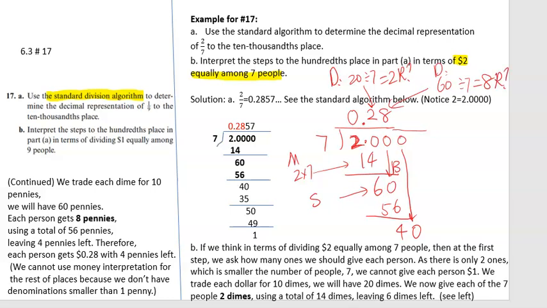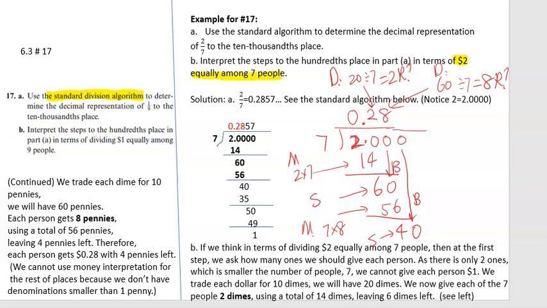With the remainder to be calculated, we do multiplication again. If 7 people each get 8 dimes, that's a total of 56. Then subtraction again gives 4 left, and we add another 0 and bring down. B here means bring down. So we can keep doing this.